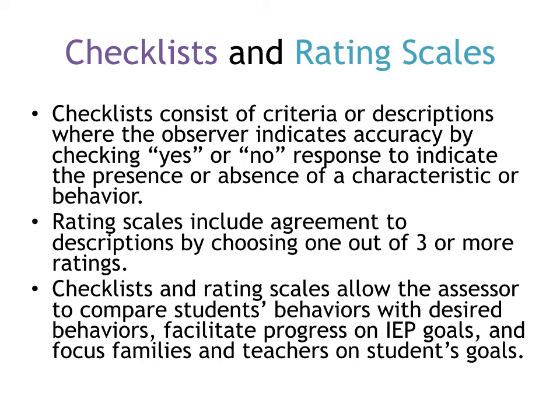A rating scale is very similar, but it includes agreement to descriptions by choosing 1 out of 3 or 1 out of 4, 0 to 5, or strongly agree to strongly disagree. Checklists and rating scales allow the teacher to compare students' behavior with desired behavior, facilitate progress on IEP goals, and focus families and teachers on students' goals.